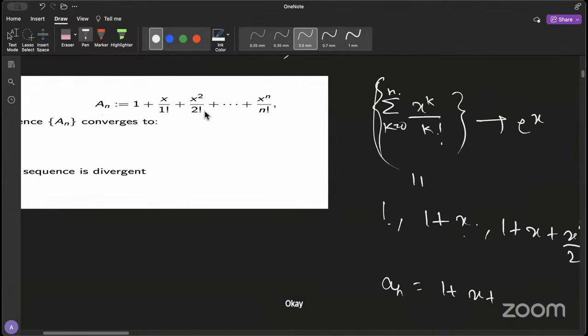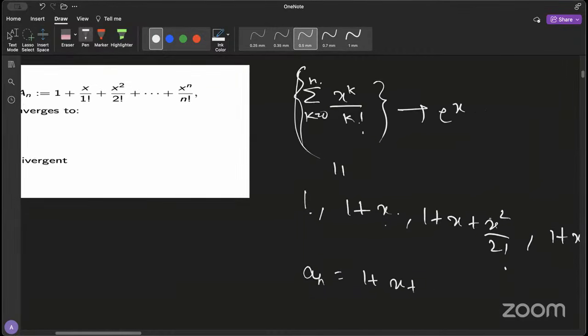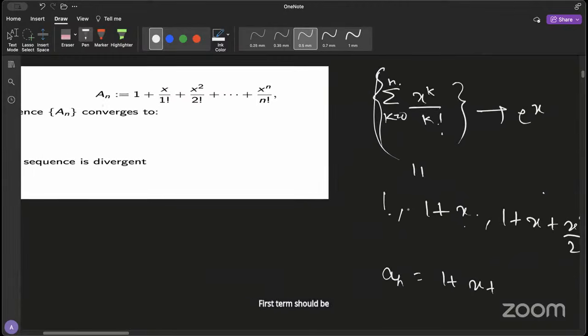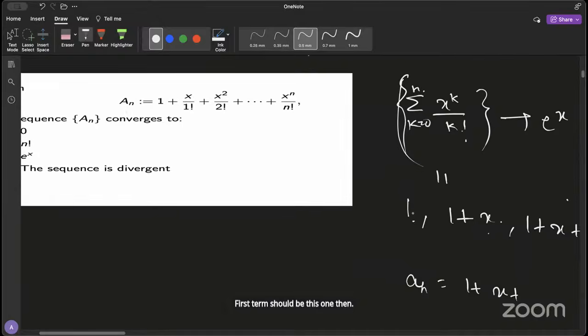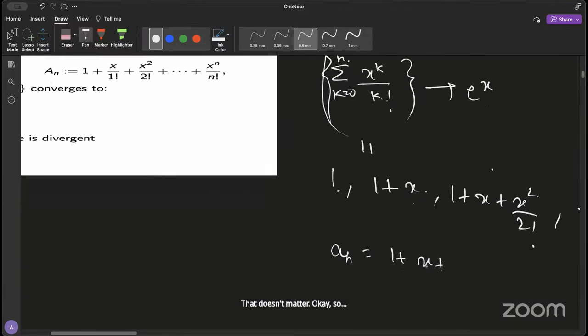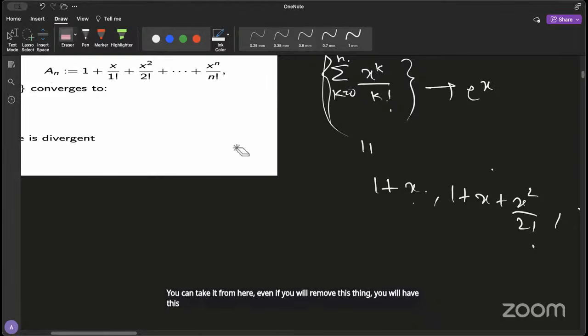They have taken the nth term to be x to the power n by n factorial. That doesn't matter, you can take it from here. Even if you remove this thing, you will have this as first term, this as second term.